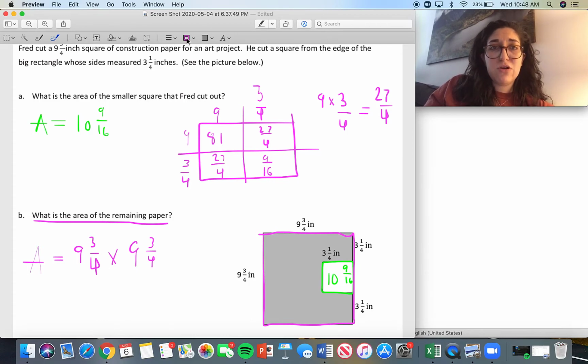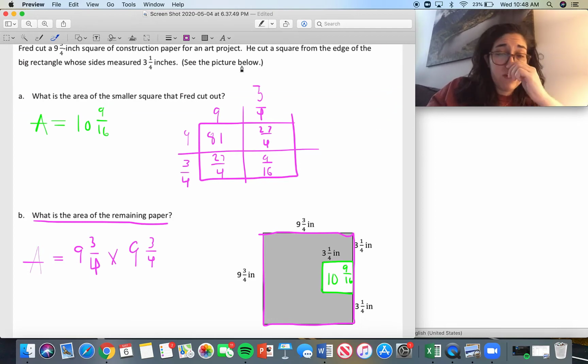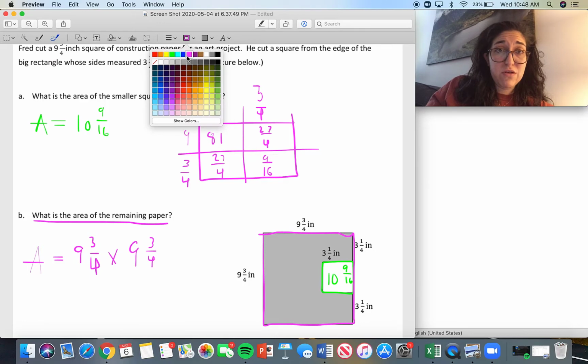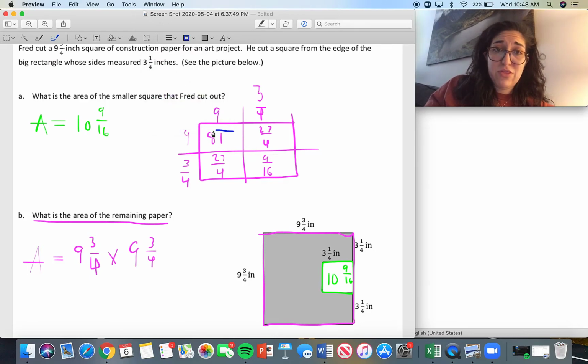Similar to what I did earlier, I kept my whole number to the side while I worked with my fractions. I'm going to do that here as well, where I add 27/4 and 27/4. I'm going to leave this out for now. I'll bring it back in later.